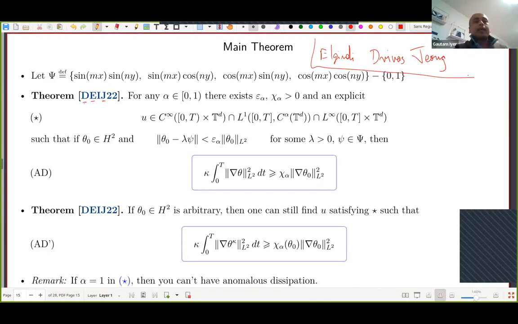I'm going to take capital psi to be the set of all the pure harmonics, which is either sine mx sine ny, or sine mx cos ny, or cos mx sine ny, or cos mx cos ny. Take the pure harmonics, subtract off the trivial things from this, which is the constant 0 and the constant 1.